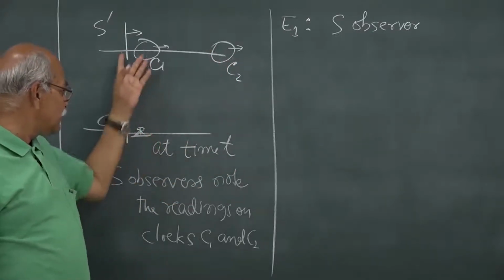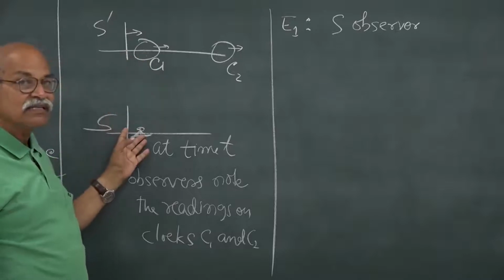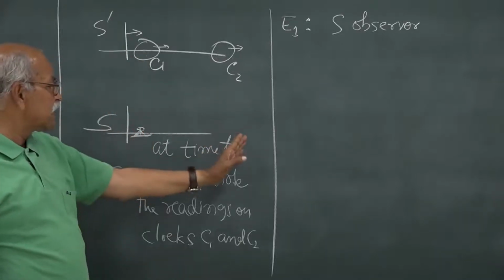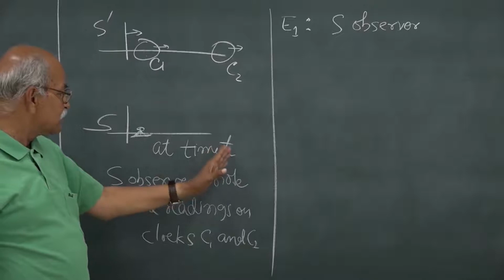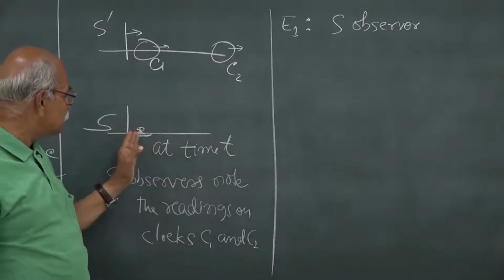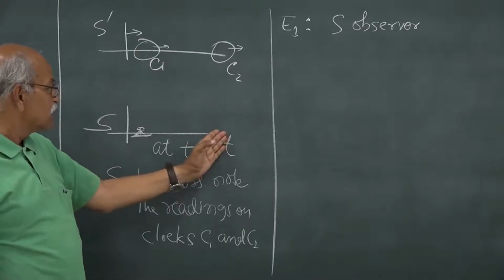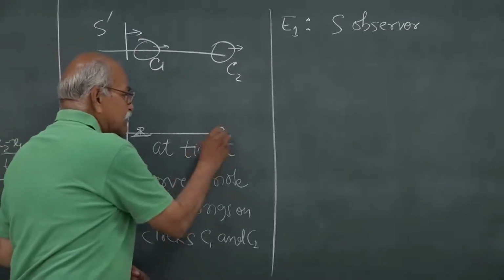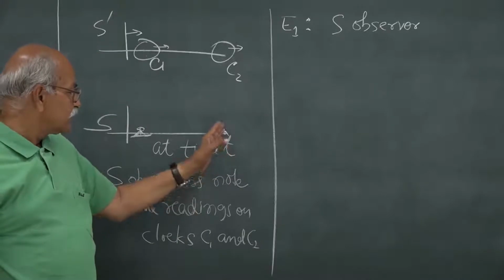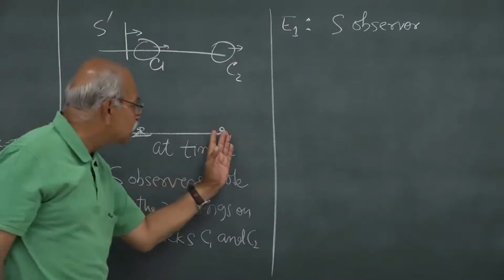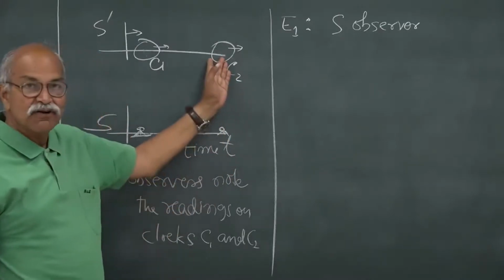They have already decided that at a particular instant t, he will see which clock is opposite him and measure the time, and at the same instant this person will look at the clock reading of whichever clock is in front of him.